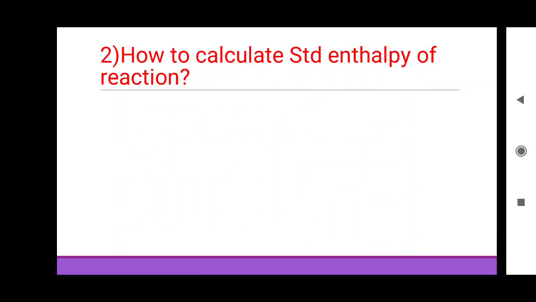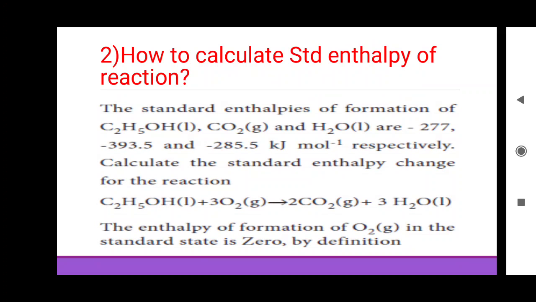Let us move to the second question. How to calculate the standard enthalpy of a reaction? So delta H R, how to calculate the standard enthalpy of reaction? Let us discuss the question.